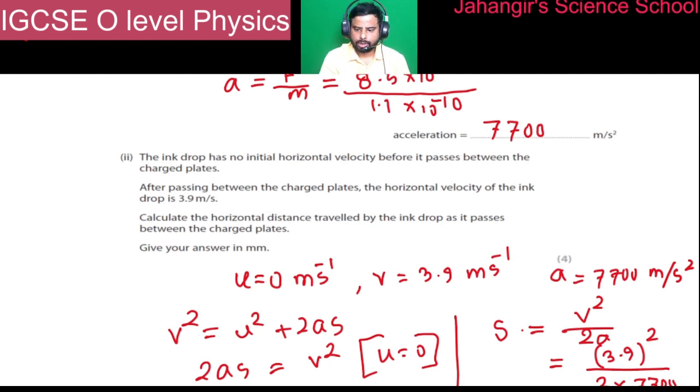So in standard form the value is 9.9 × 10^-4 m. So this is the distance.